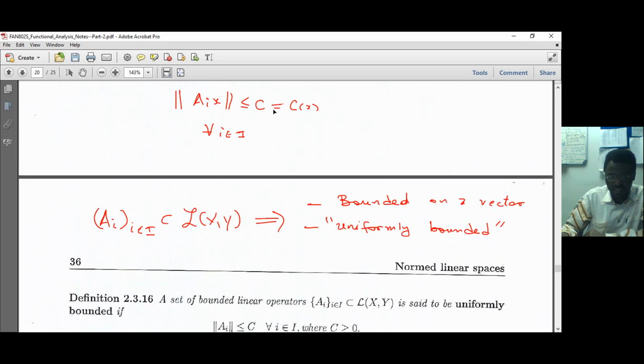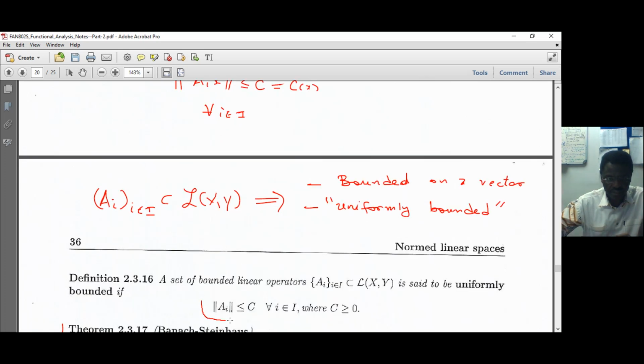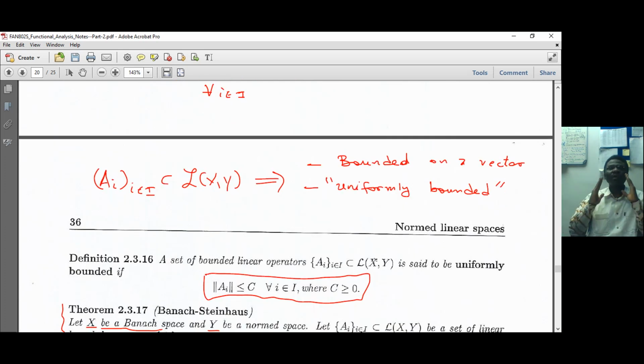Now we want to see what the family should satisfy for me to say that for certain this will always be true. That is the characterization, and it's given by the Banach-Steinhaus Theorem. So Banach-Steinhaus Theorem is about the characterization of a family of bounded linear operators that is uniformly bounded.